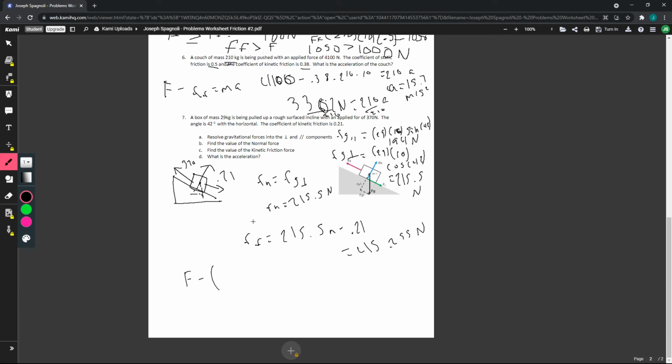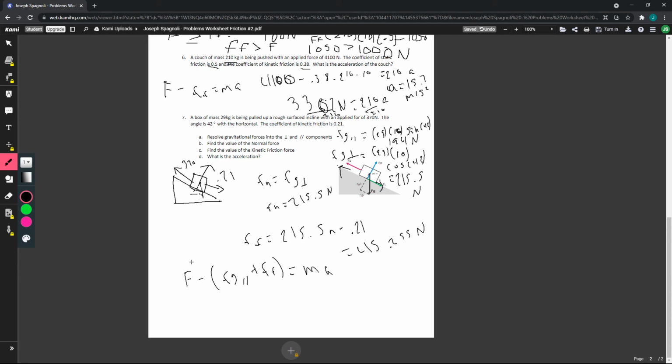Our applied force is going this way. We're going to consider this the positive direction, and force of friction and gravity are both in the negative direction. So we have applied force minus force of gravity parallel minus force of friction, and that's all equal to, you can't forget this part, ma.